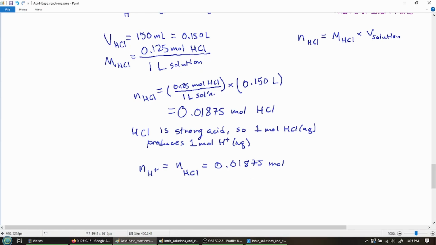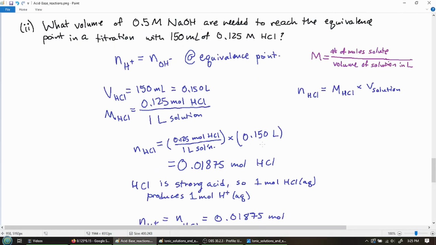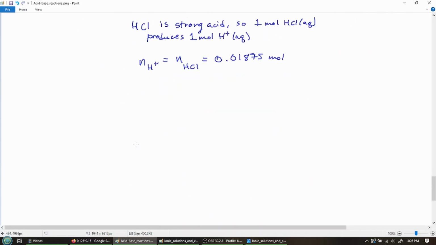So with that, we now know what's happening at the equivalence point. At the equivalence point, there are 0.01875 moles of H+, and that must be exactly equal to the number of moles of OH-. So let's come down and copy that down.